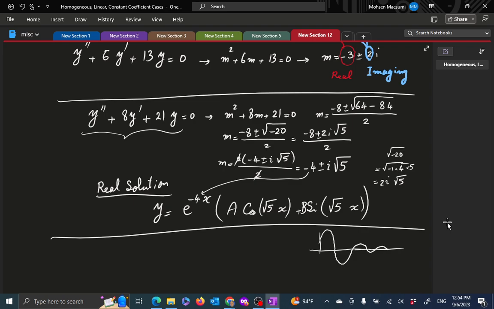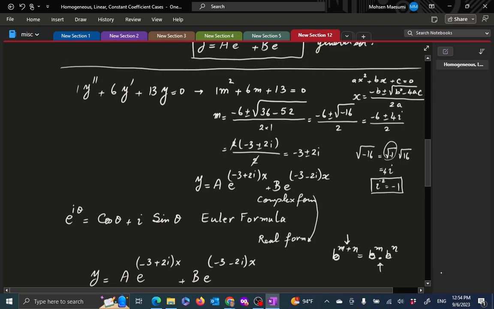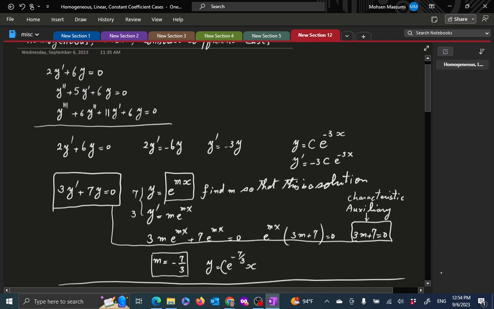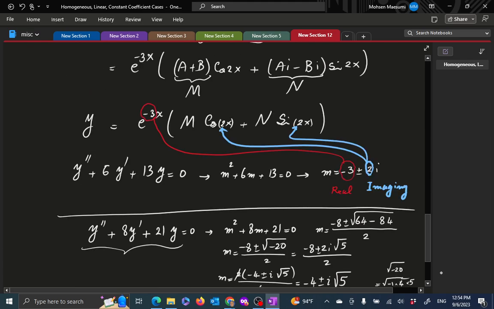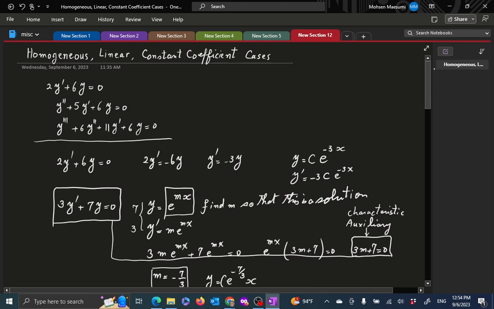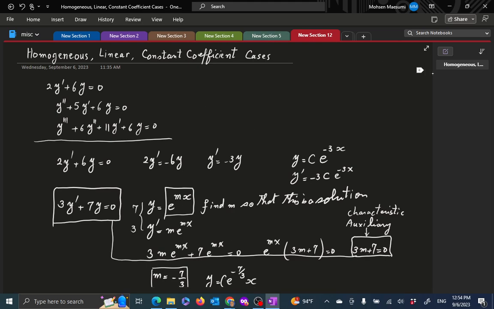Okay, so let's make sure we don't get lost in the detail. What we did here is we said we are looking at a particular set of equations. We call them homogeneous because of these zeros on the right hand side. We call them linear because the function and its derivative just show up as multiples.